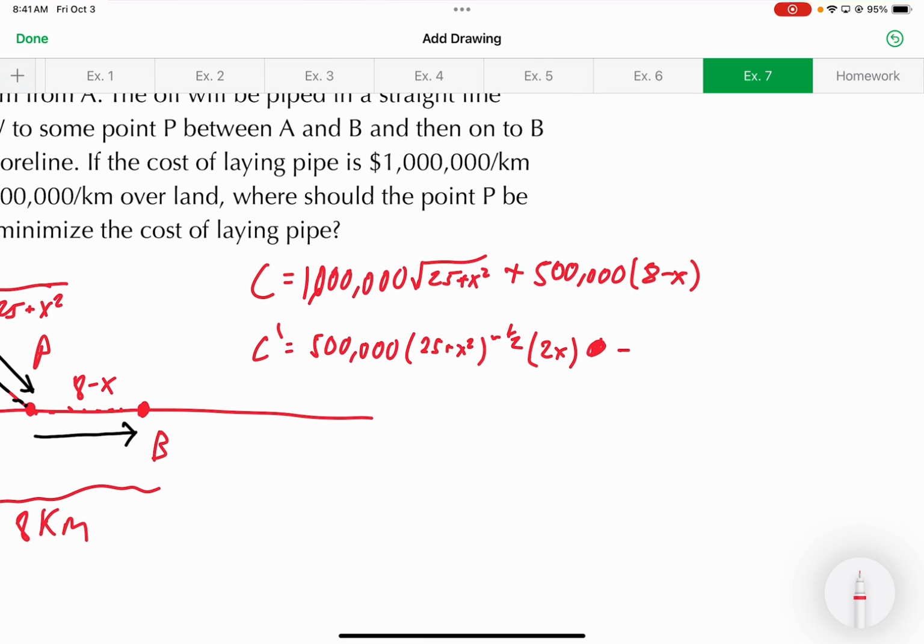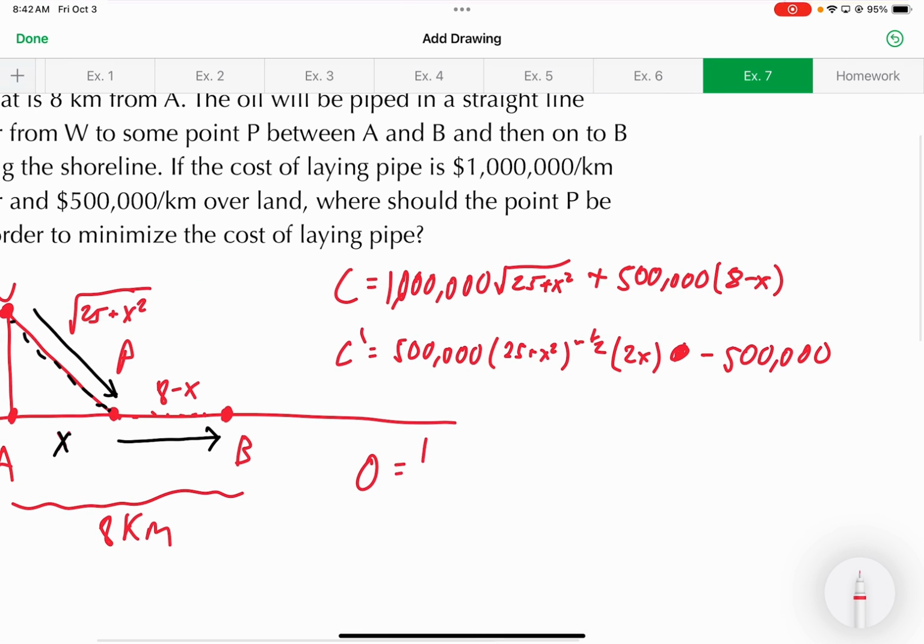So then minus 500,000. All right, I should have taken a step where I simplified it first. Okay, so then let's simplify this, right? Are we good? Did I do something else wrong? Are we good? Okay, all right. So then let's change that 500,000 to 1 million.